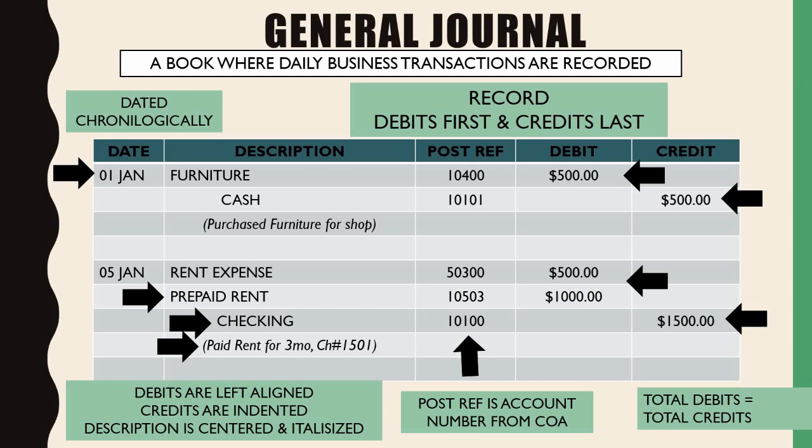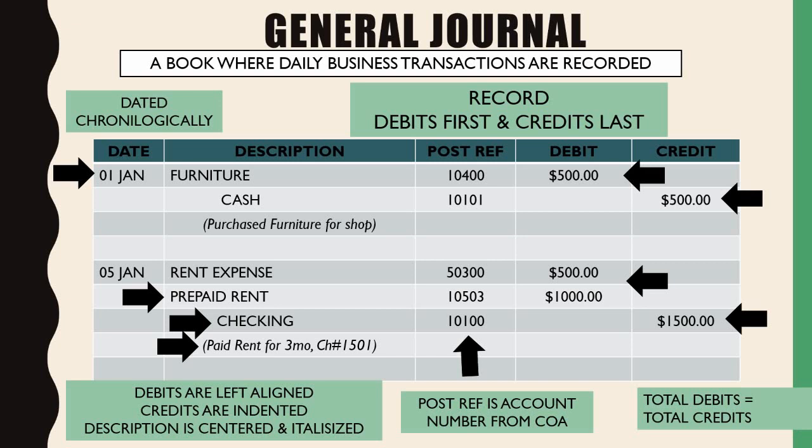Rule of thumb is yes, for the journal, it must be word for word whatever account is linked to your chart of accounts. So if it says furniture, you need to write the whole entire word furniture. If it just says cash, then you're just going to write cash, okay?